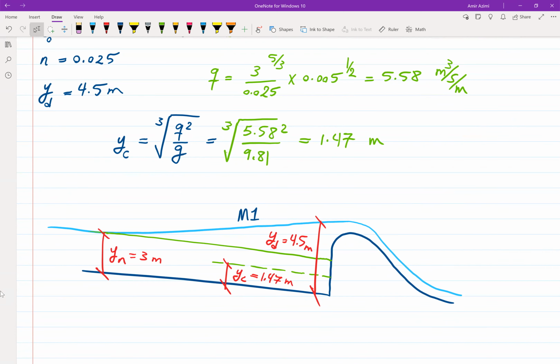The critical depth is 1.47. Therefore, yn is larger than yc, so the channel is mild.